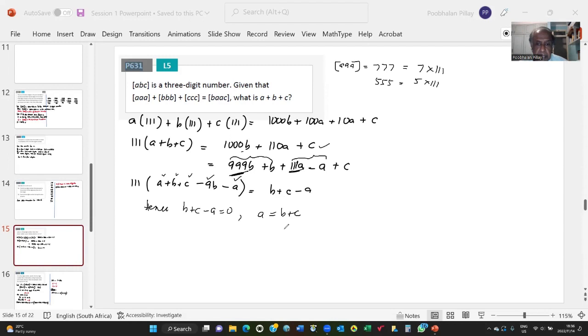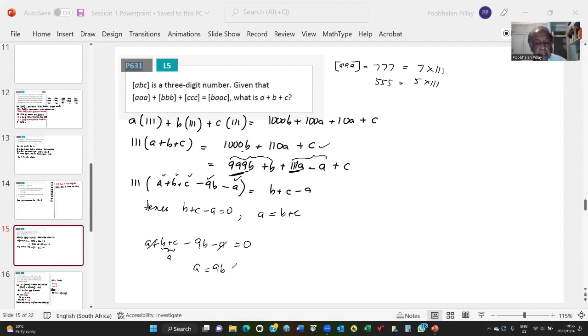But A is equal to B plus C. So you have A plus B plus C minus 9B minus A equal to 0, because 111 times that quantity is 0 now. So that quantity has to be 0, and we had that A is equal to B plus C, so we can put an A there. And these A's cancel, and you have A minus 9B is equal to 0. So A is equal to 9B.